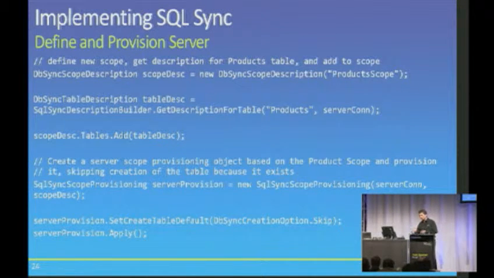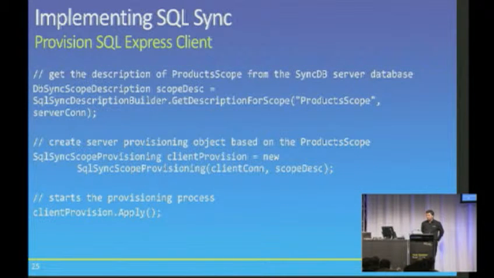In the case of the client, because presumably you've written an application at this end that's doing something interesting, and so you've already created the table and filled it. In the case of the client, that hasn't happened yet. We then call server provision.apply, that actually does the job. Now we're going to provision the client. So pretty much the same thing.